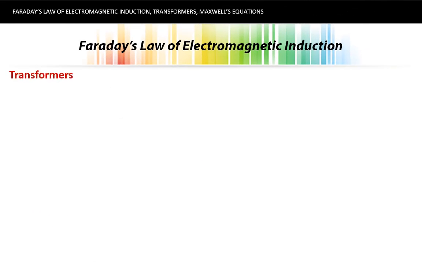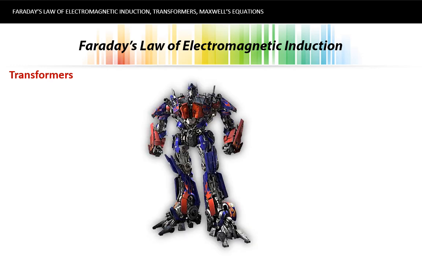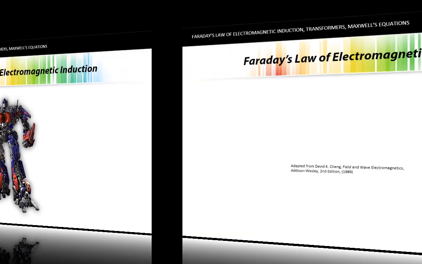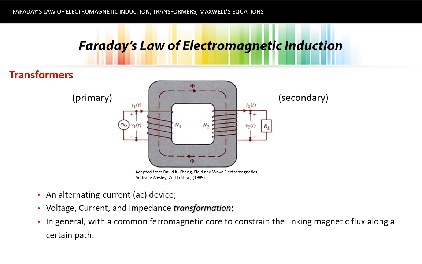What is the first thing that comes to mind when we mention transformers? Well, probably it's the cartoon character, but the subject of our lecture are these transformers. A typical transformer is depicted in the figure, where we have primary and secondary circuits.